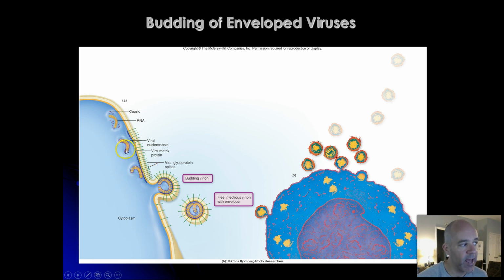The capsid with the genome on the inside is attracted to these other viral proteins that are already poised and waiting there in the membrane like a magnet. They come together very strongly, and as that happens, the envelope with those proteins winds up wrapping itself around the capsid with the genome on the inside, and your new virus pinches itself off. That's called budding.